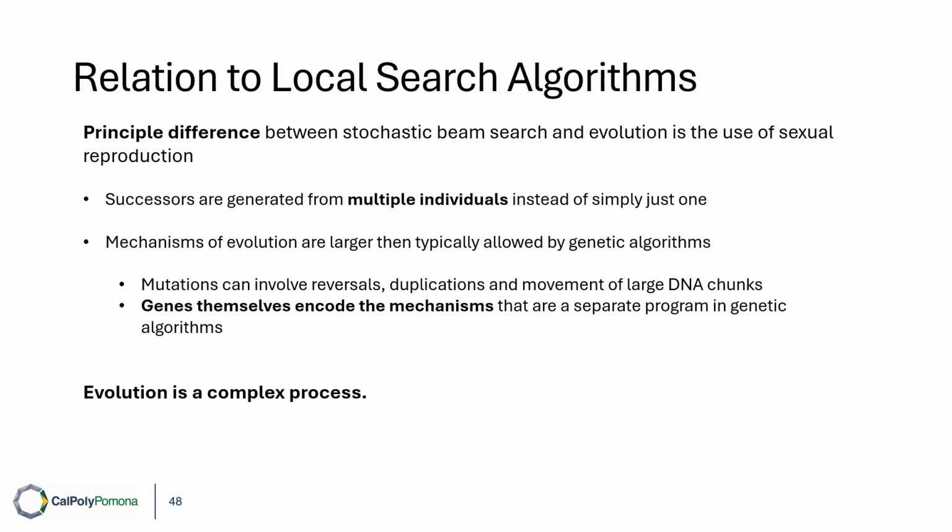Mutations can involve duplications, reversals, and large movements of DNA chunks. Genes themselves also encode the mechanisms, as opposed to genetic algorithms, where they're considered a separate program. In conclusion, evolution itself is a complex process. It is one with many different factors to consider.